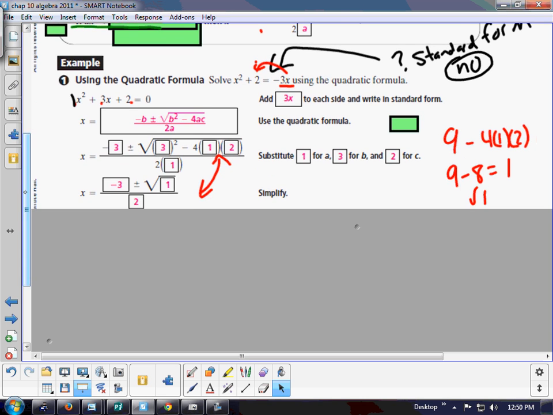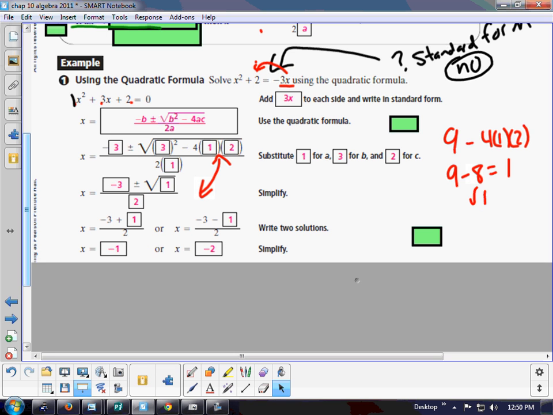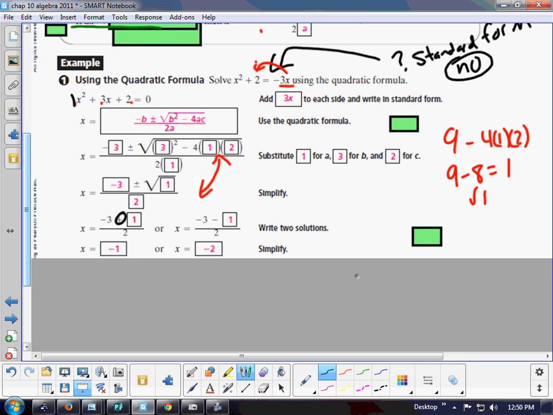Now, when you take the square root of 1, you get plus 1 and minus 1. That's 2 different situations, and the 2 situations are this. You have x is negative 3 plus 1 over 2, or negative 3 minus 1 over 2. And that's another transition that you got to be careful with. So you try the plus and the minus, and you get 2 separate answers.